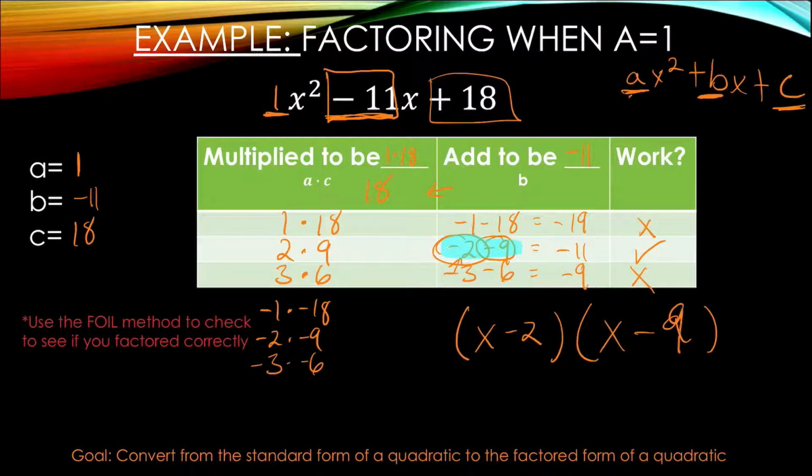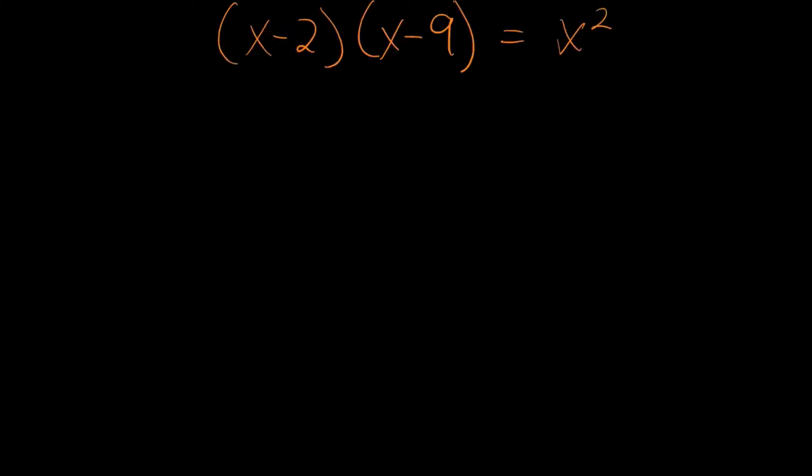Because right now we're saying that this is my factor: x minus 2 and x minus 9. So I'm going to switch pages here real quick and we're going to check. I'm saying x minus 2 times x minus 9 is equal to x squared minus 11x plus 18.